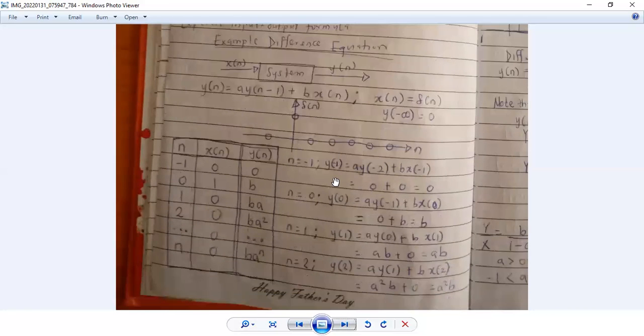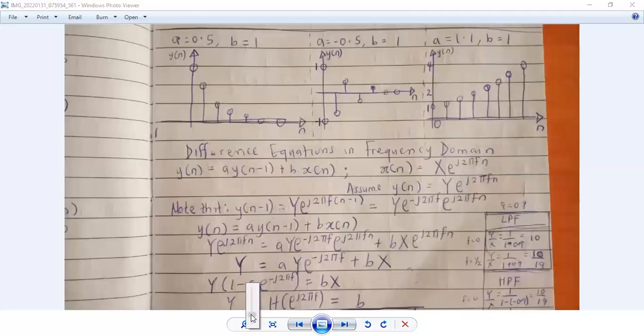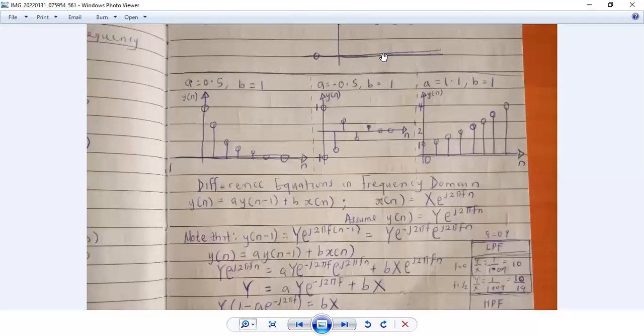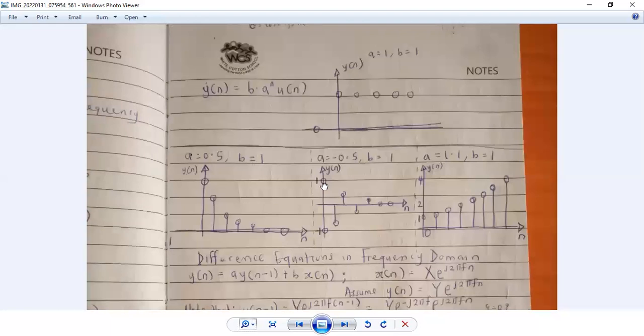Now we want to determine if this filter is a high pass filter or a low pass filter. In order to do that, we are going to represent the filter in the frequency domain.